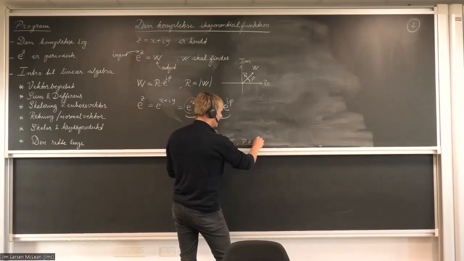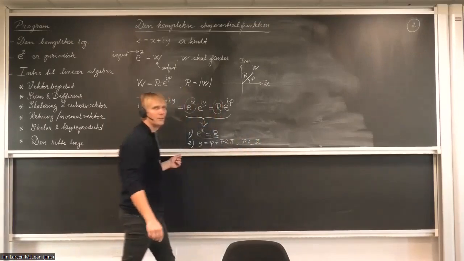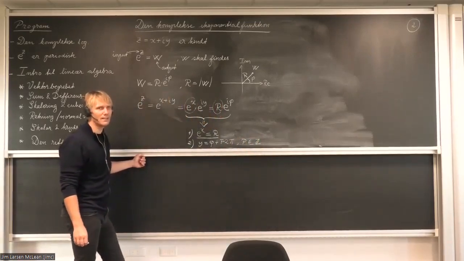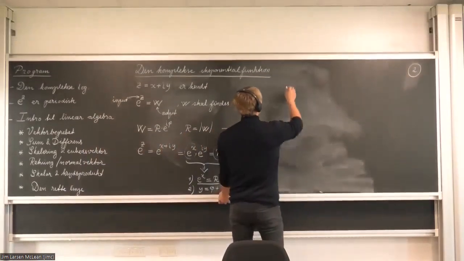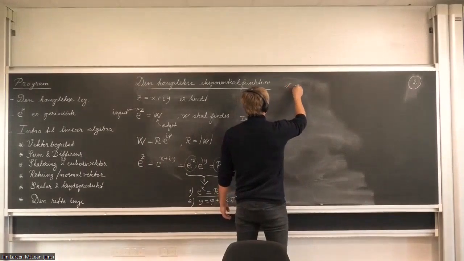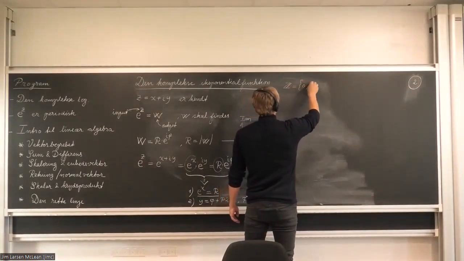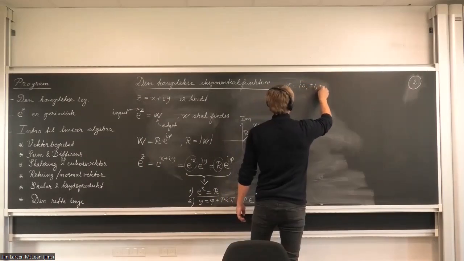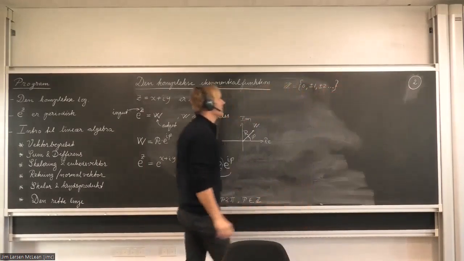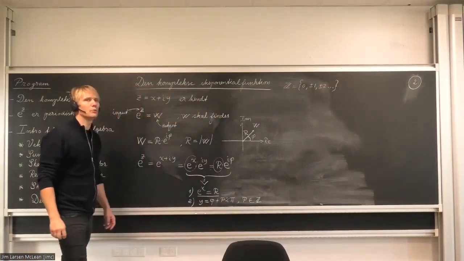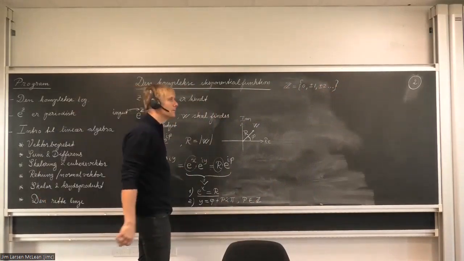P must be an integer, so it should belong to the set Z, which stands for the integers. And this set Z, let me just repeat that for you. Z is this set of numbers: 0, plus or minus 1, plus or minus 2, plus or minus 3, and so on into infinity.